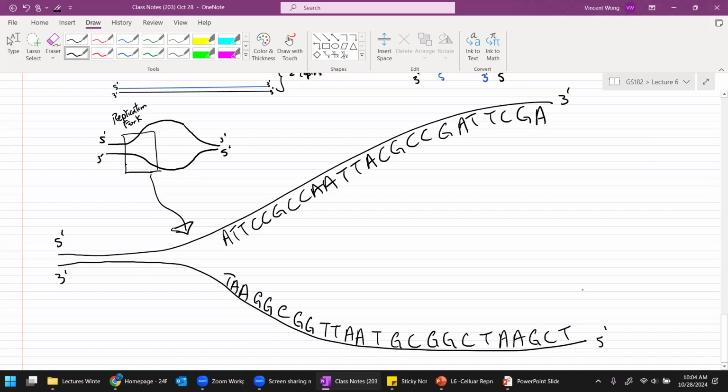And of course, the nucleotides are going to continue into the rest of the strand, but I'm not gonna put them there. So this is parent DNA, the original.